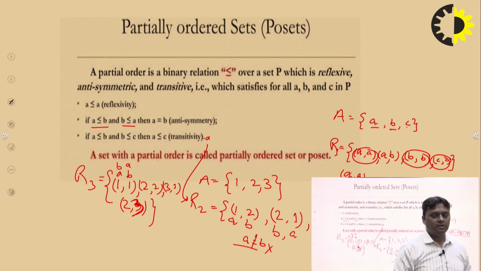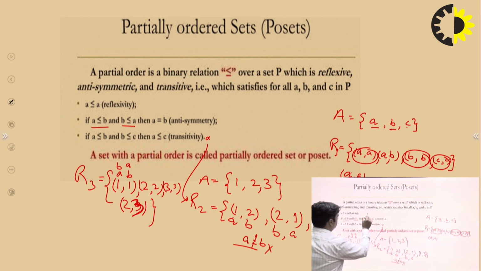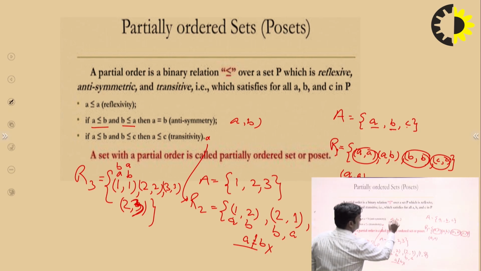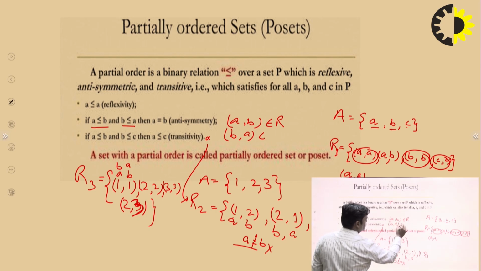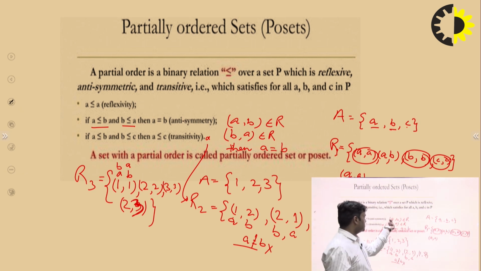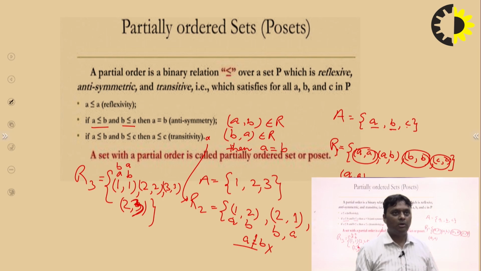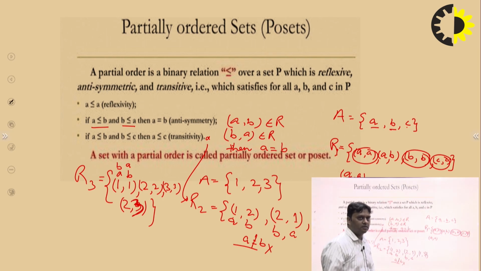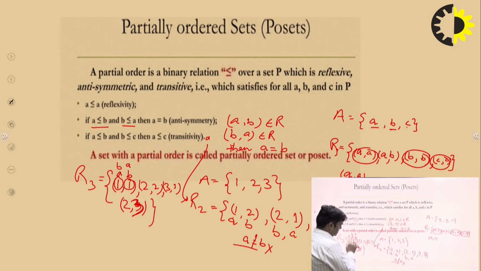That means (A, B) belongs to R, (B, A) belongs to R. Then we have to check A equal to B. Here (A, B) belongs to R, (B, A) belongs to R, and both are equal.